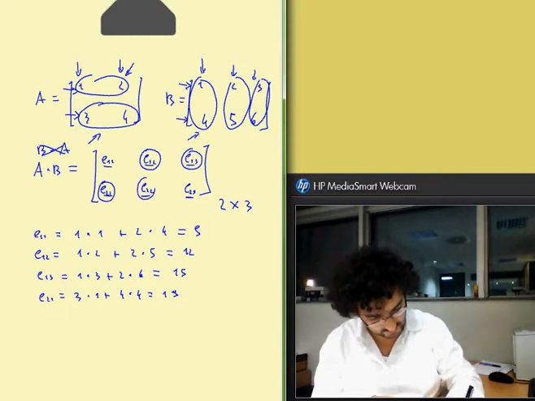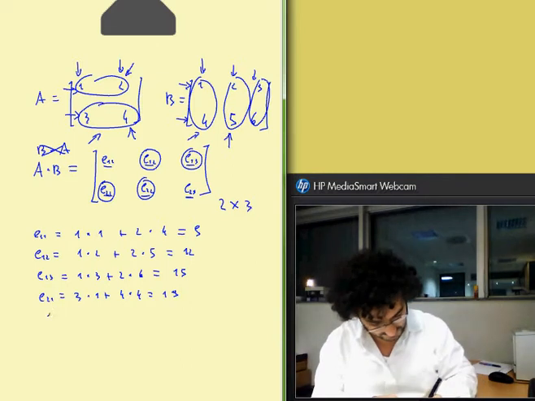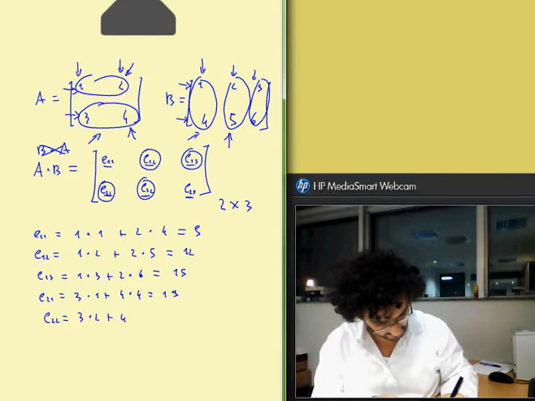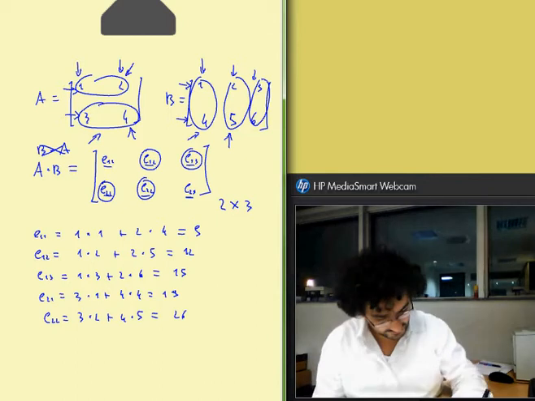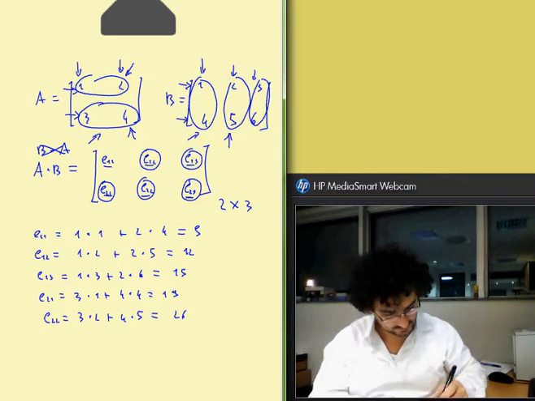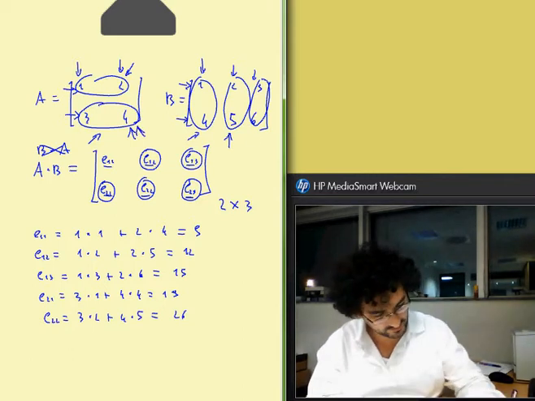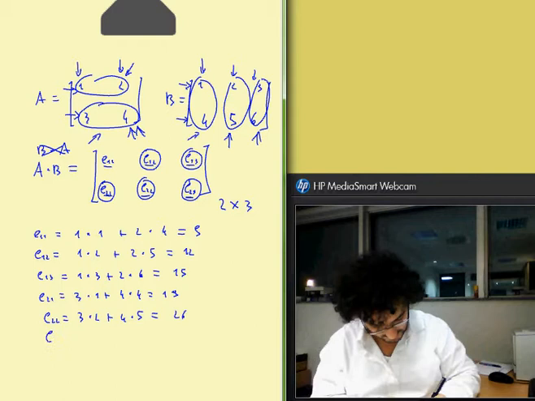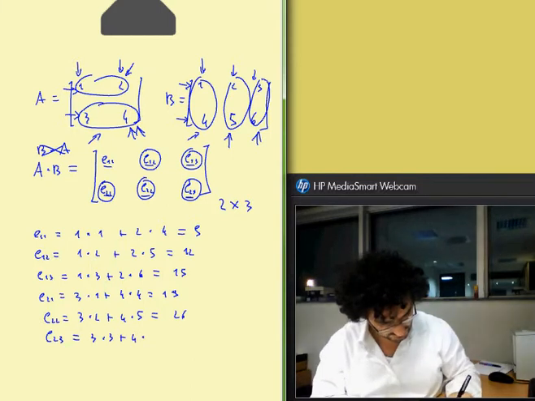Then we consider C22, so second row, second column. C22 will be equal to 3 times 2 plus 4 times 5, so it's 26. Finally, we get C23, considering second row and third column, so C23 will be equal to 3 times 3 plus 4 times 6, which is equal to 33.